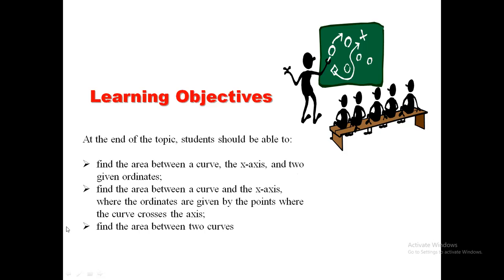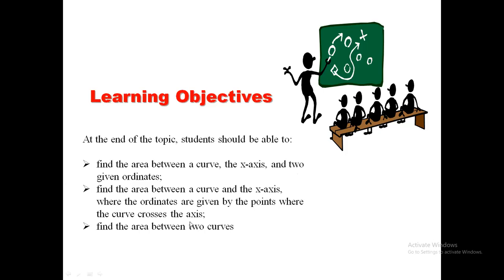The second thing you should be able to do is find the area between a curve and the x-axis where the ordinates are given by the points where the curve crosses the axis. This time, the area you're going to determine will be bounded by the intersection of the curve and the x-axis.